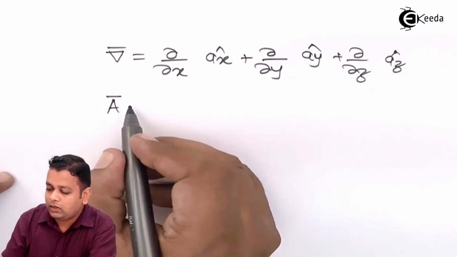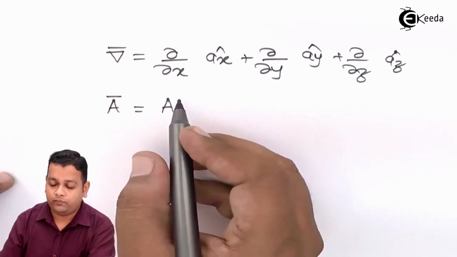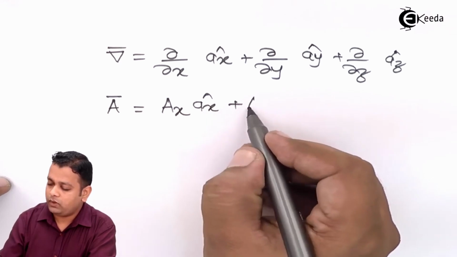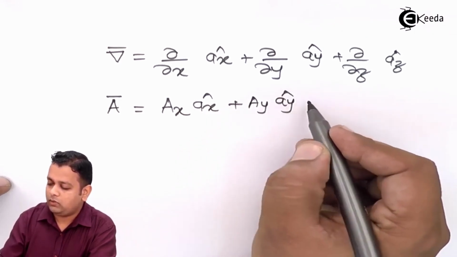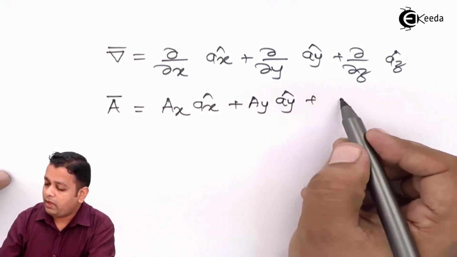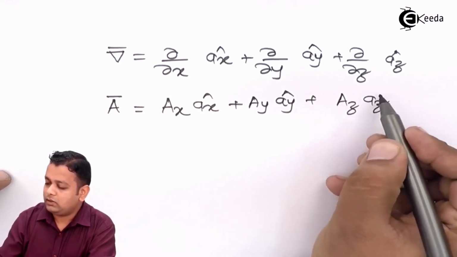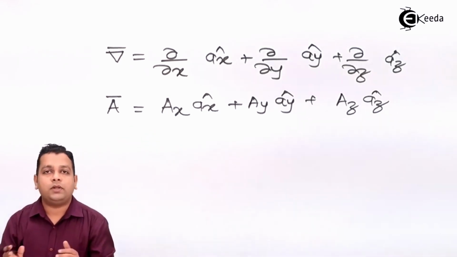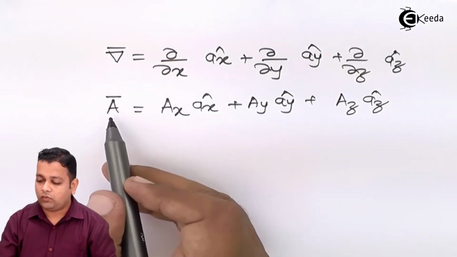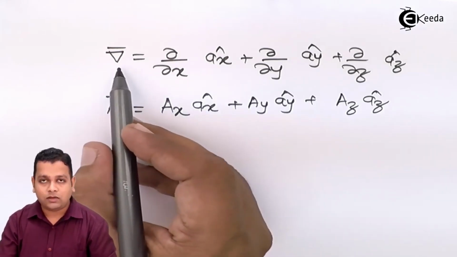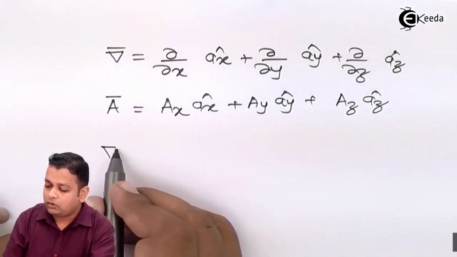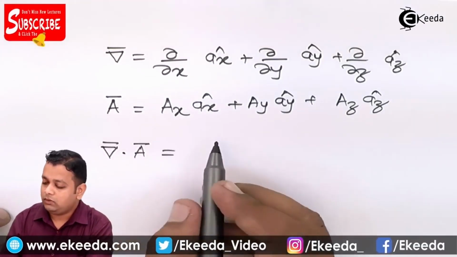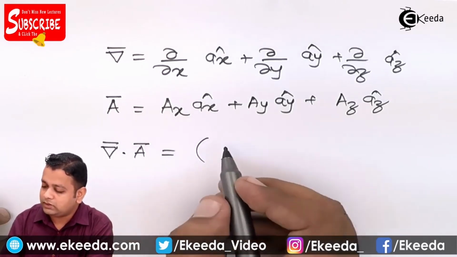Now if we take any vector A which has the form Ax ax cap, the x component, Ay ay cap, the y component, and Az az cap, the z component. For representation of divergence using the vector representation and the del operator, we have the dot product operation, del bar dot A bar. Here we take the dot product of both these brackets.